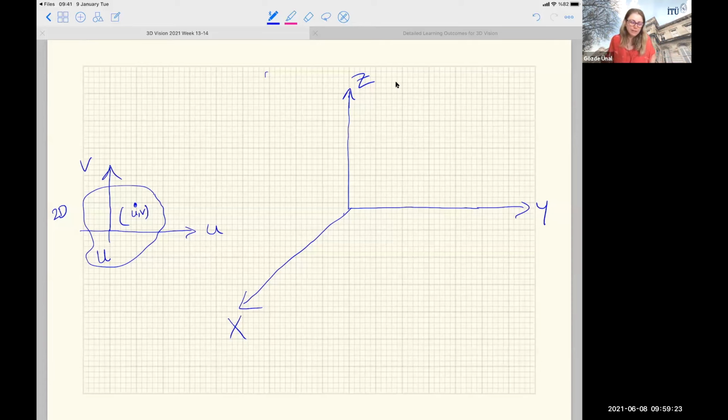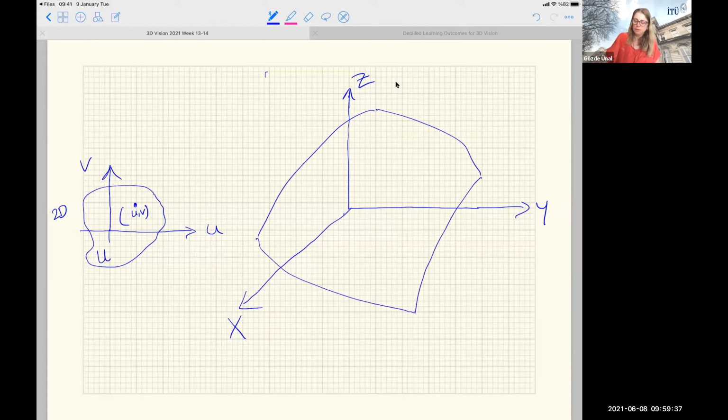Okay, so now we said S is a mapping. Let me draw a surface here. So this is a surface S in 3D.